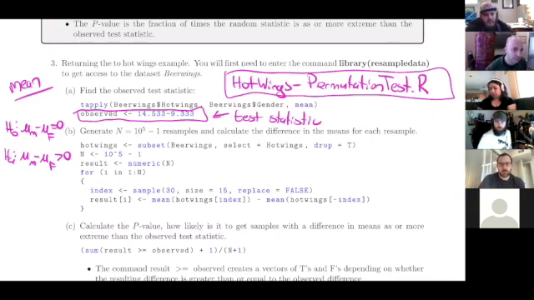And so in this case, what do we get when we take that difference? I don't know. What do we get?